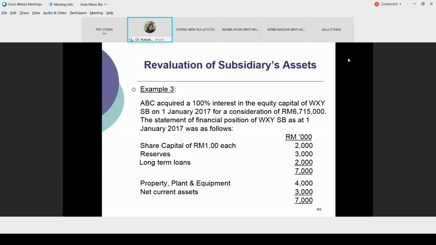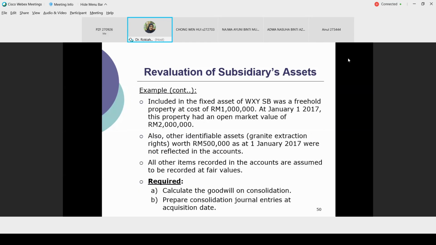Example 3 is the same thing, still 100%, with the same amounts and the same information, plus additional information. Included in the fixed assets of XY Berhad was a freehold property at a cost of 1 million.